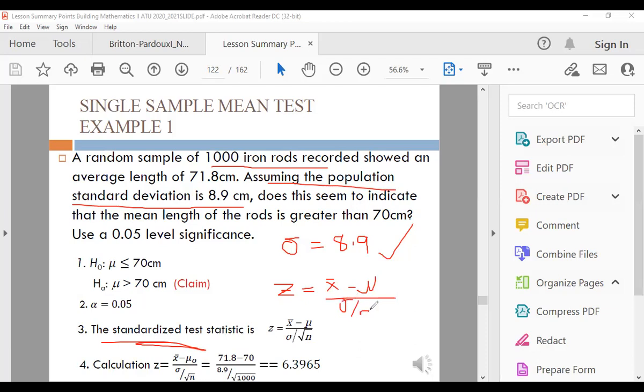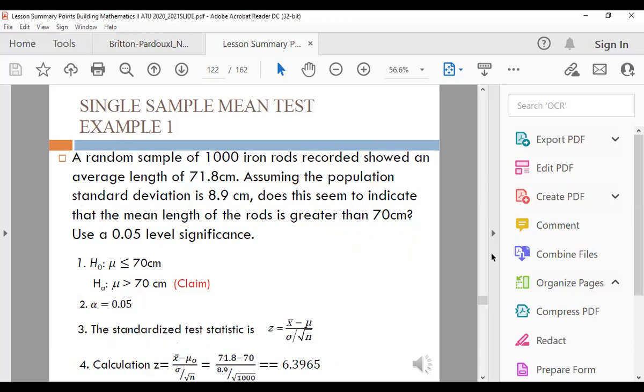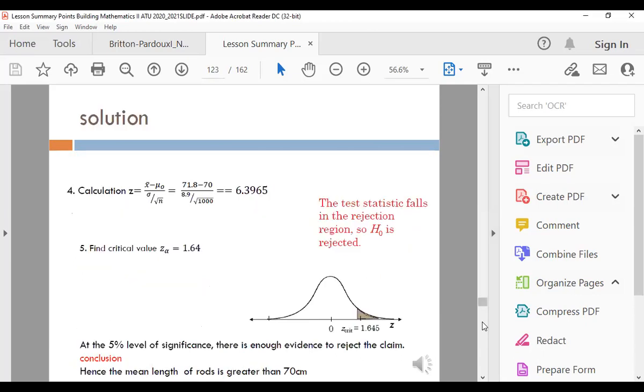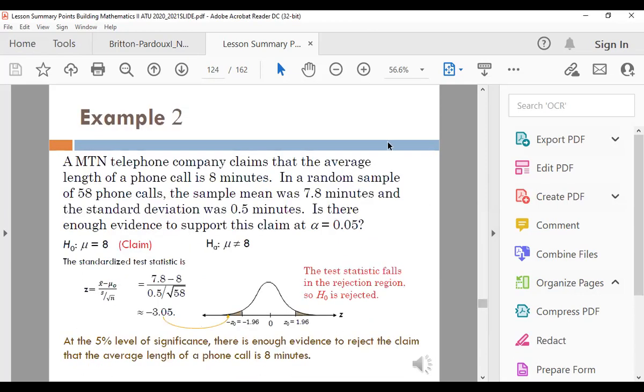Good, because sigma has been given. We've solved this one in class, but we just want to touch on the selection of the test statistic. And that is why we are revisiting the same example. Now let's go to another example to see the variation. So let's take this example too.